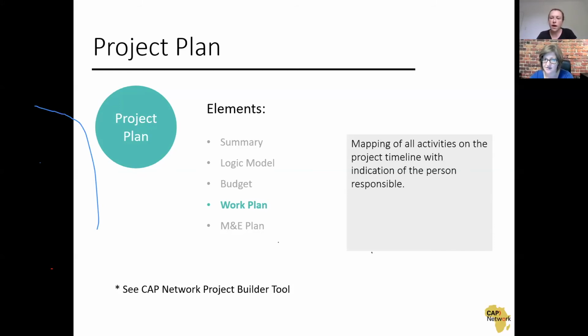I'll just add something to it, which is that unexpected issues can also crop up during the project. A great example that we have right now is COVID-19. That's impacted a lot of projects in terms of their timelines, but also in terms of changing the costs that they had originally budgeted for.